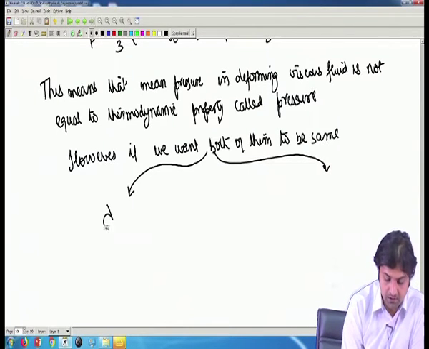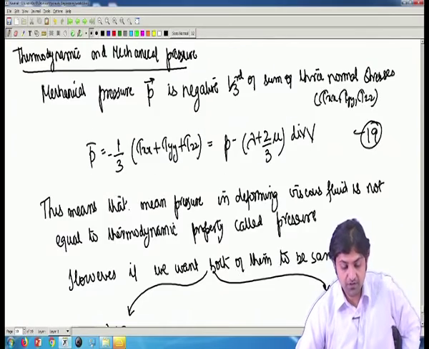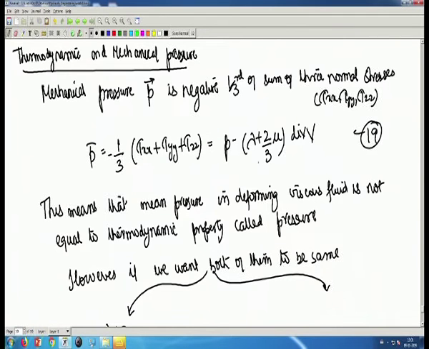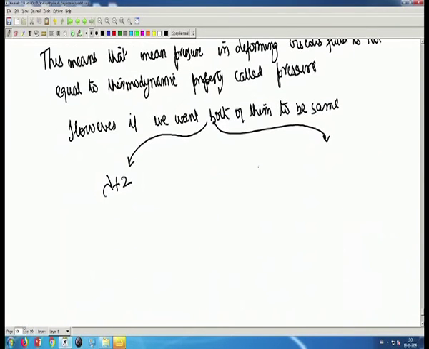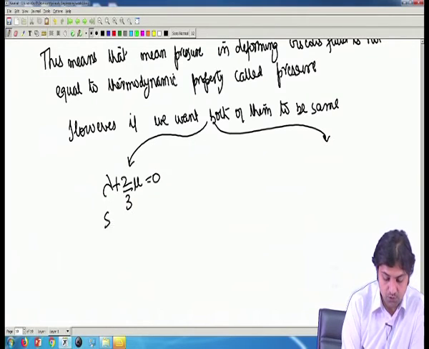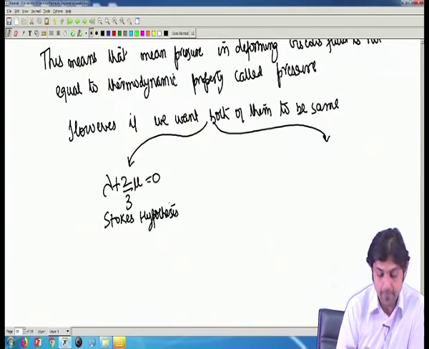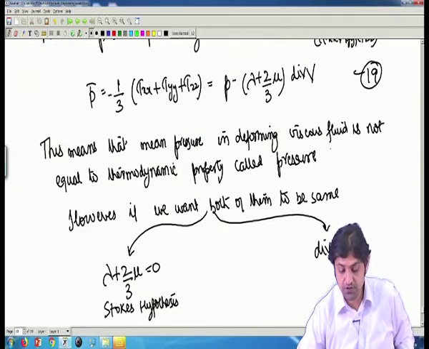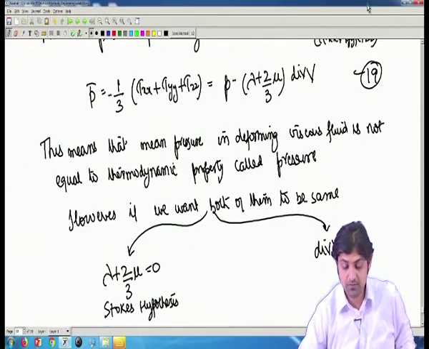One is, if you look at the above equation, P bar will be equal to P if either lambda plus 2/3 mu is equal to 0 or divergence of V is equal to 0. So let's say lambda plus 2/3 mu is equal to 0. Actually this is called the Stokes hypothesis. The second way is divergence of V equal to 0.